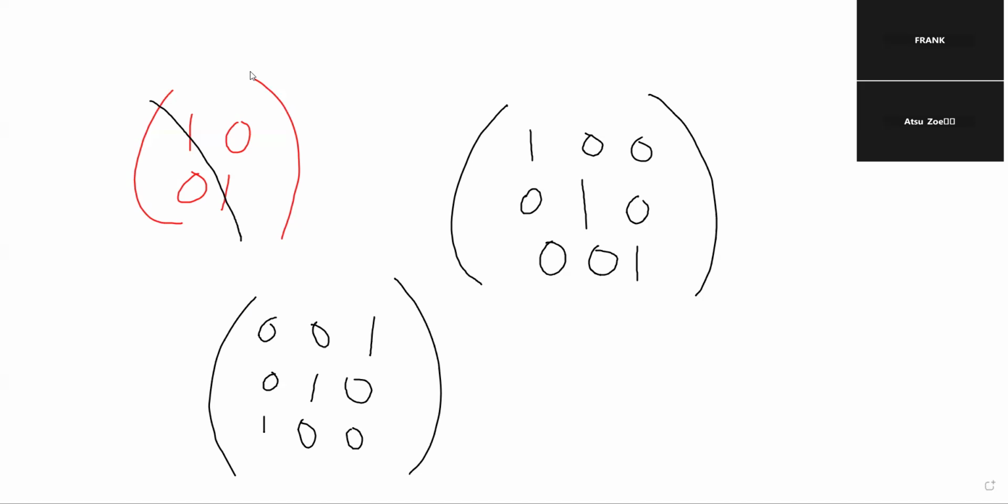Now let's look at equality of matrices. When two matrices are equal, then their entries are also equal.